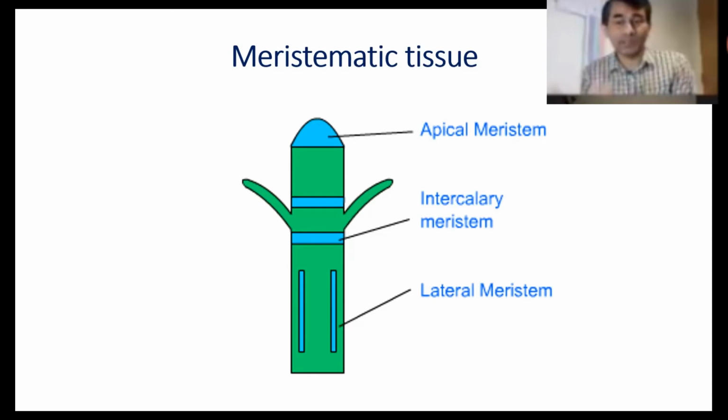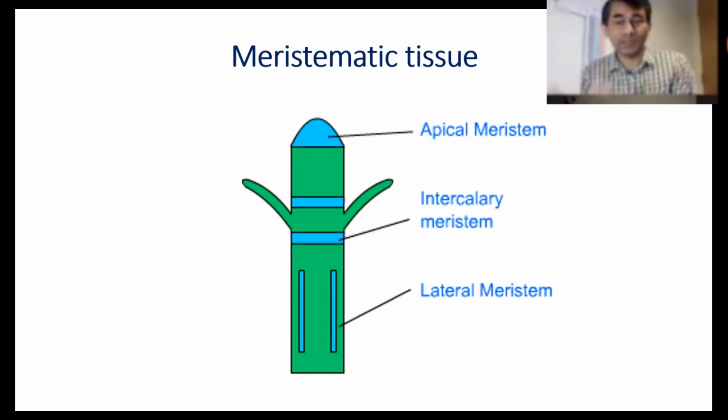And how do these work? They keep dividing. Apical meristem helps increase the length of the plant. So the plant keeps on growing taller and taller. The branches keep on growing. The lateral meristem increases the girth, the diameter of the plant. And the intercalary meristem helps in increasing the internodal section and the leaves of the plants.